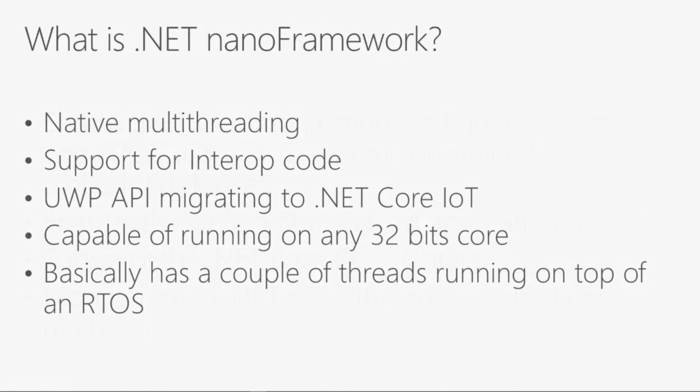It also has support for interop code, meaning that you can use C and C++ code and call it from your C Sharp application, which is very cool and quite handy if, for example, you are doing something that is time critical and you don't want that to be interrupted by the thread switching.